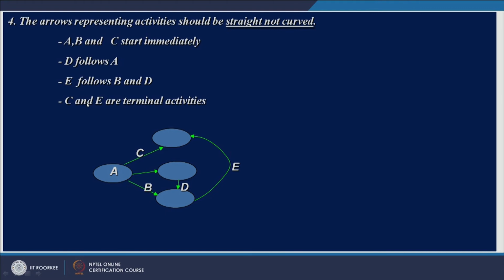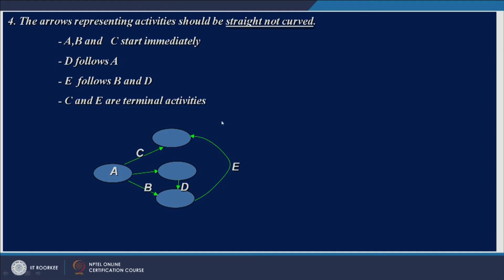C and E are terminal activities, the last 2 activities terminating at this particular node. But you have used this curved arrow. Do not use curved arrows in a network.